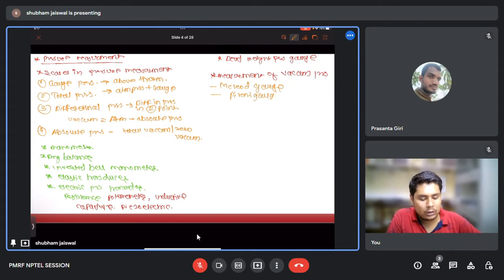The Pirani gauge works on the principle of thermal conductivity, and the McLeod gauge works on Boyle's law. After that we have seen the ionization gauge, and then at the end we have seen the Knudsen gauge. The ionization gauge is used for medium and high vacuum measurement.